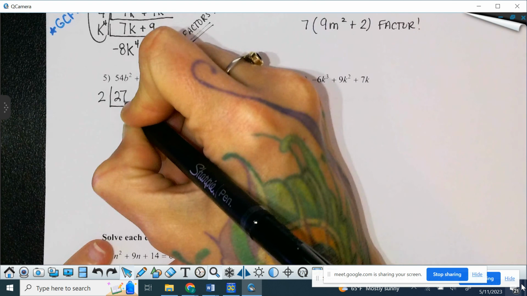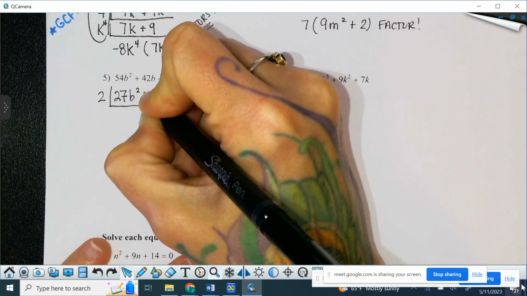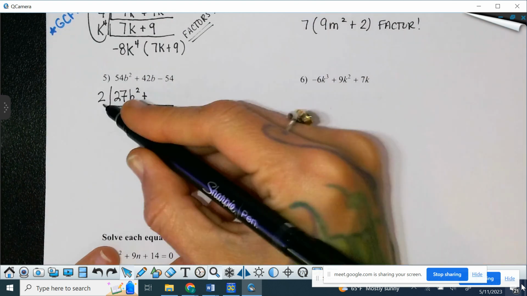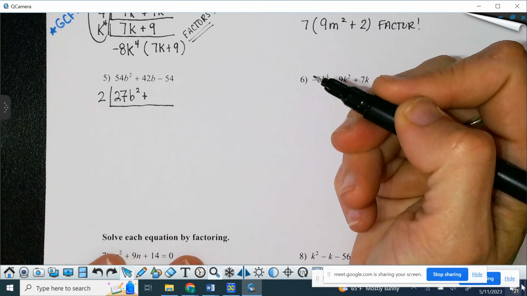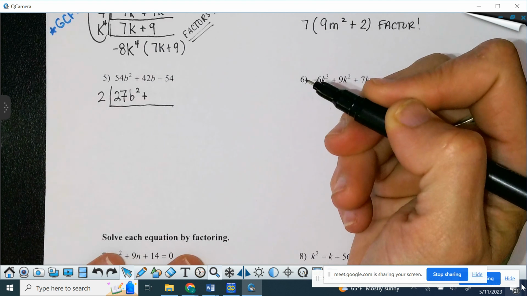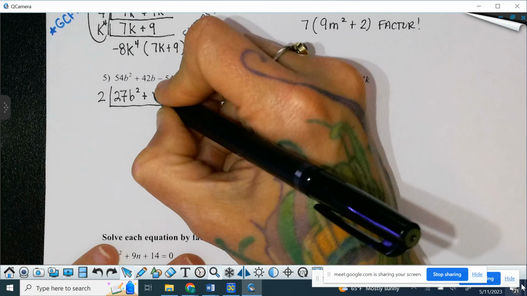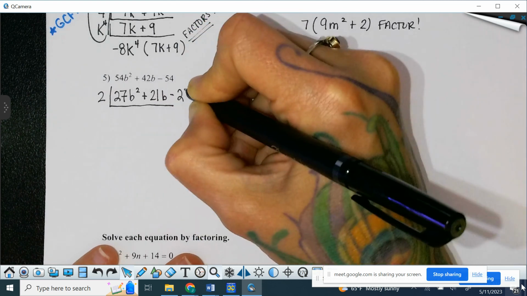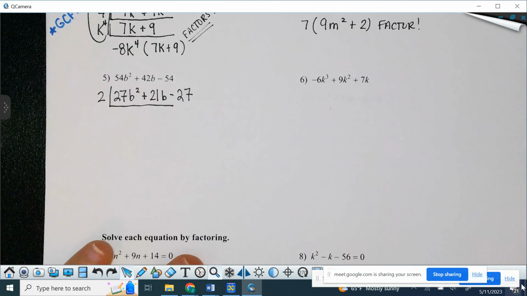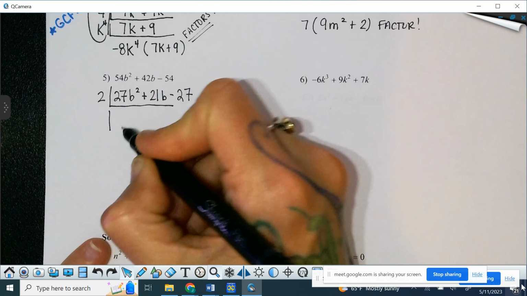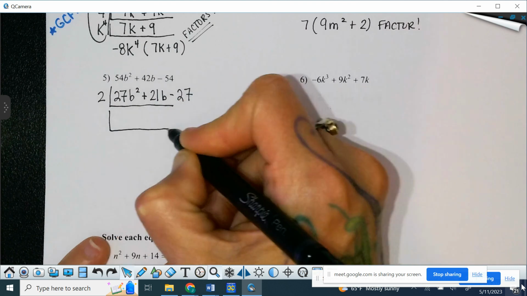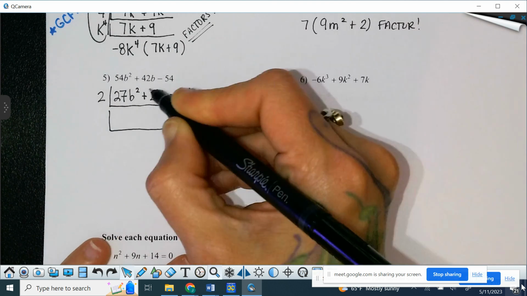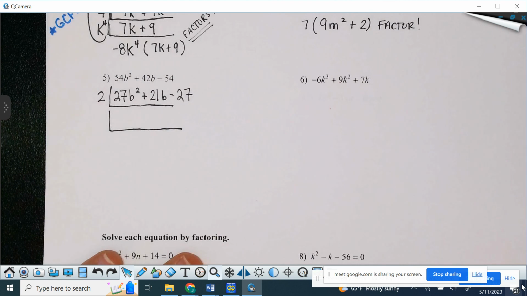We'll leave our b squared plus, what's 42 divided by 2? 21. And then we got 54 again, so that's going to be another 27. 21 and 27, they're still fairly big numbers. So I bet there's going to be another number we can pull out. What's another number they both, all 21 and 27 have in common that I could pull out?